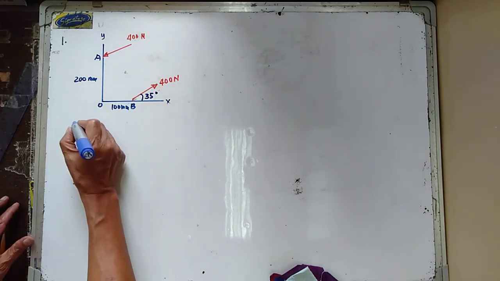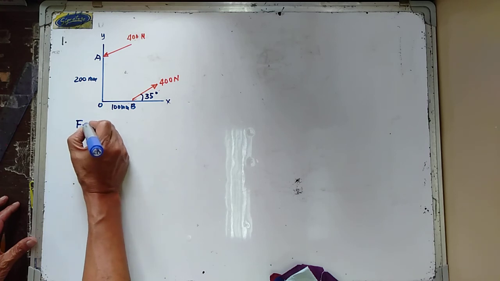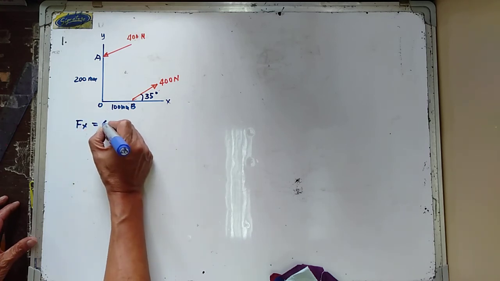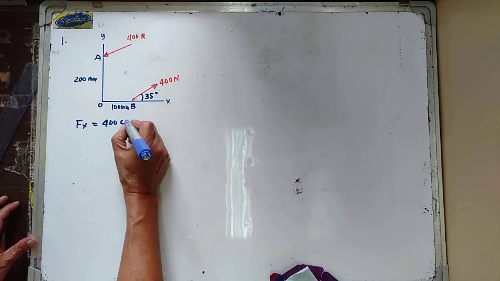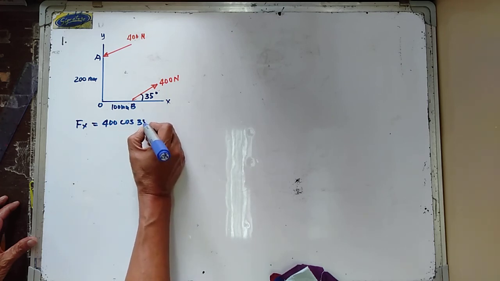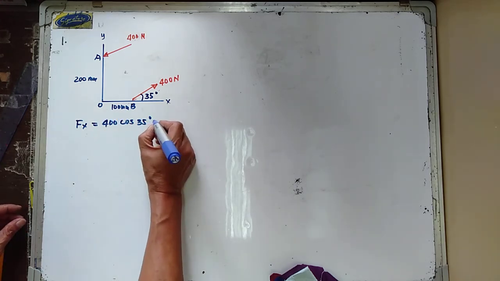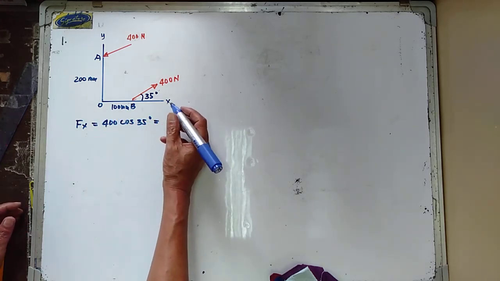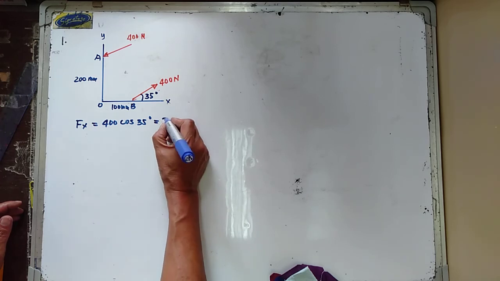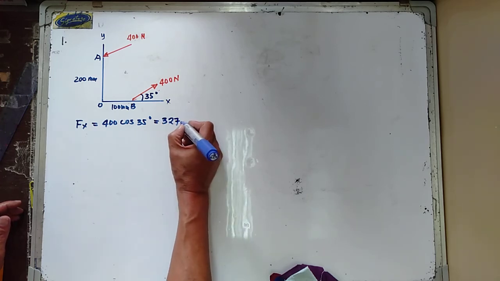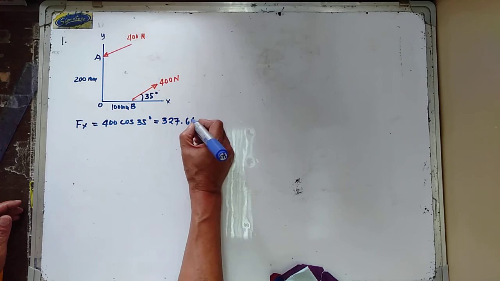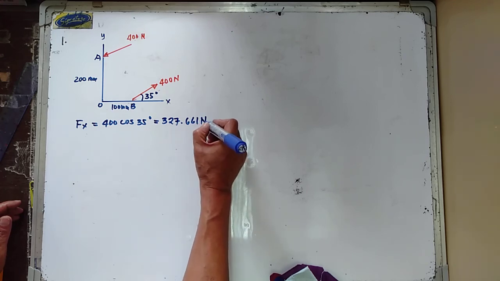So your Fx is now equal to 400 cosine of 35 degrees, and this is equal to 327.661 newtons.